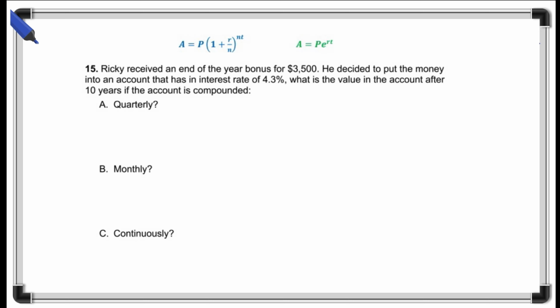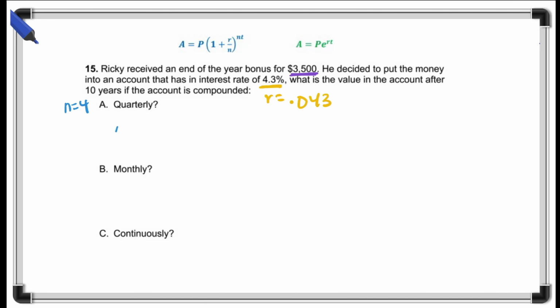Okay, in this question, here are your formulas that you were given when we had this unit. So let's figure out what we know. We've got a bonus of 3,500, and we have our interest rate. Remember that R is 0.043, and we want to know what it will be when it's quarterly. So quarterly is 4 times in a year.